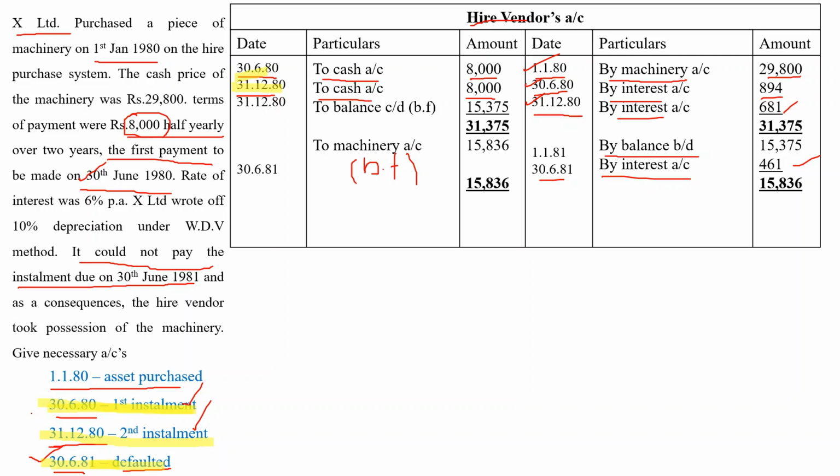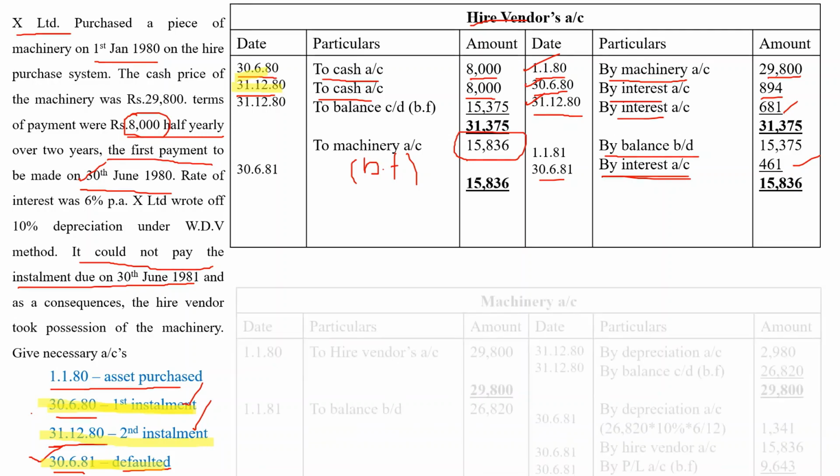So the only thing you should keep in mind for complete repossession problem is in the event of default, in which installment the hire purchaser has defaulted, you will give the interest due entry. Interest due entry you will give and you will transfer the balance. You cannot give payment entry because payment has not been made. Don't give payment entry but transfer the entire balance to the asset account. Whatever balance you have, transfer the entire balance to the asset account.